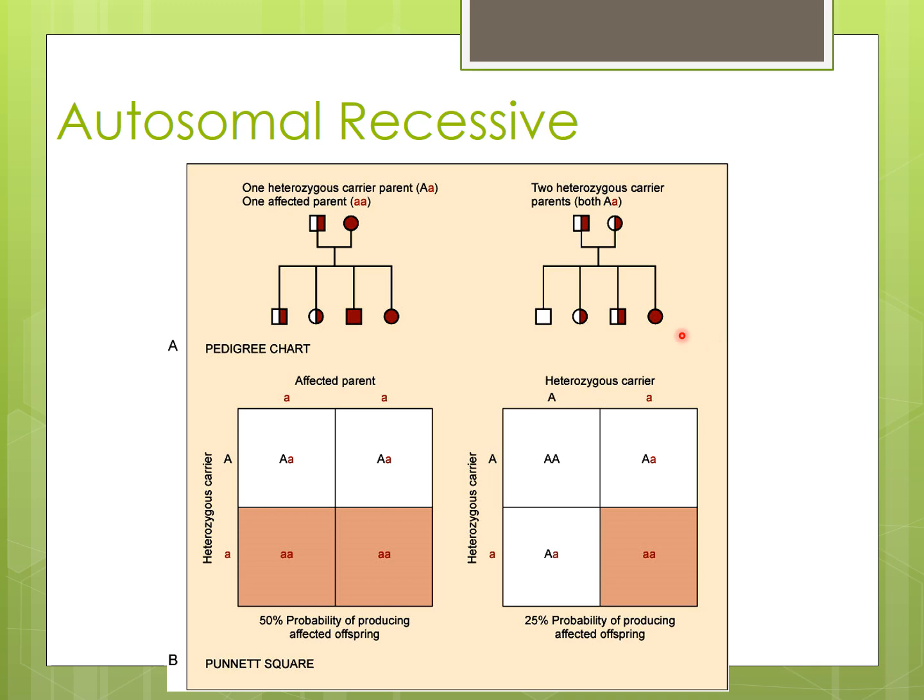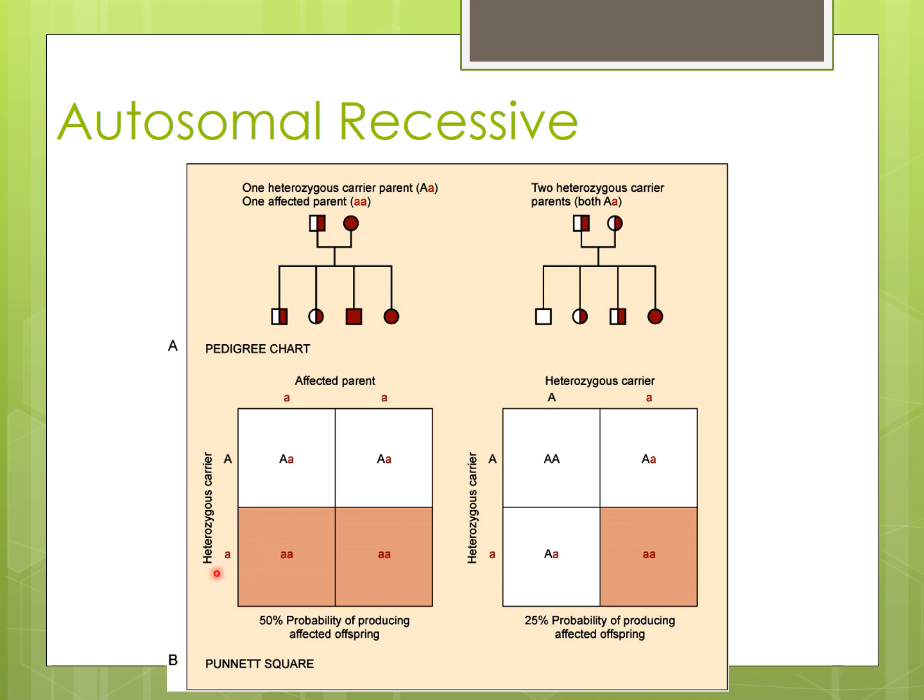So we'll start on the left side here. When we have a heterozygous carrier parent breeding with one affected parent, the affected parent will show both recessive alleles, while the unaffected carrier parent only has one recessive allele. When we fill that out in the Punnett square, we can see here that 50% of the offspring have the probability of being affected in that they're homozygous recessive.